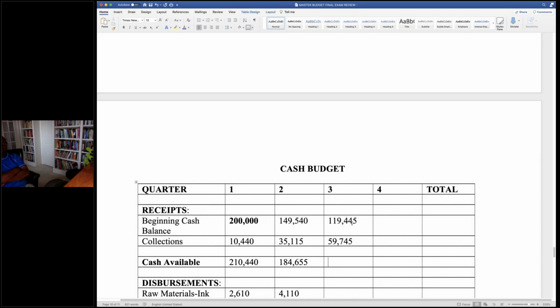The beginning cash balance is supposed to be 119,475. Oh, thank you. $179,220.